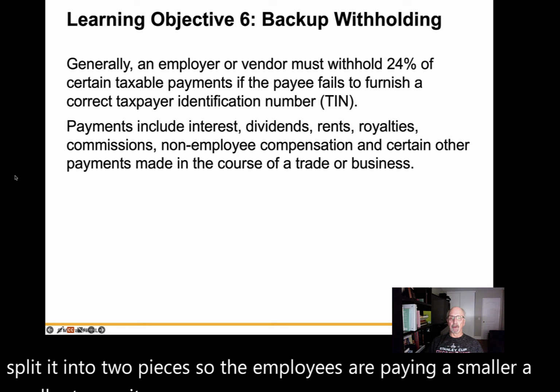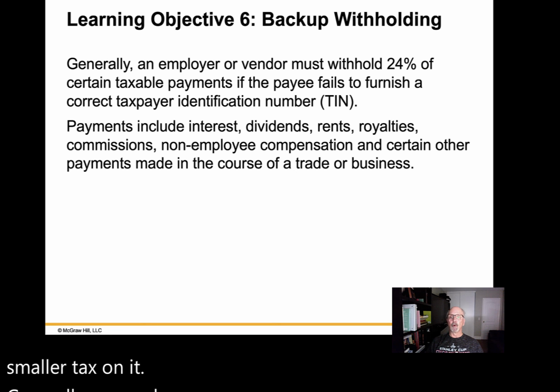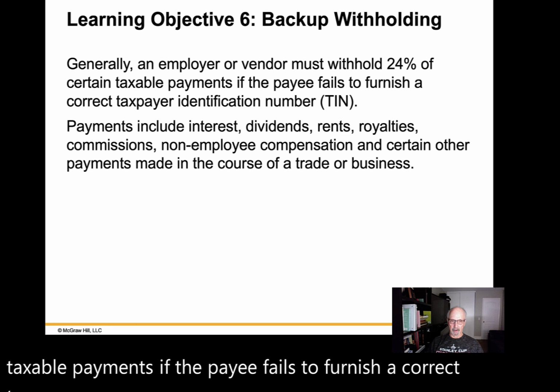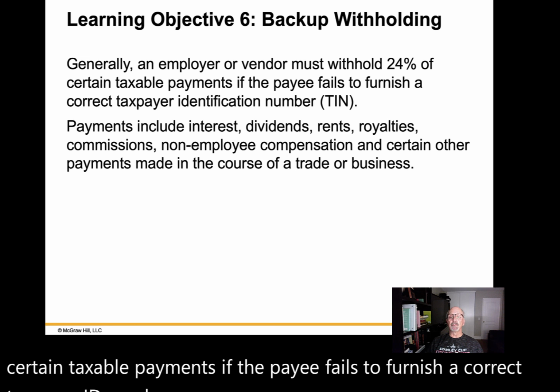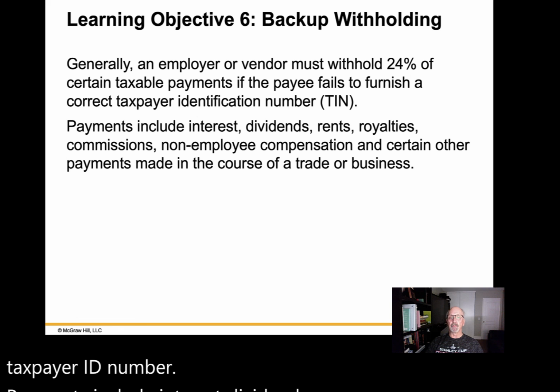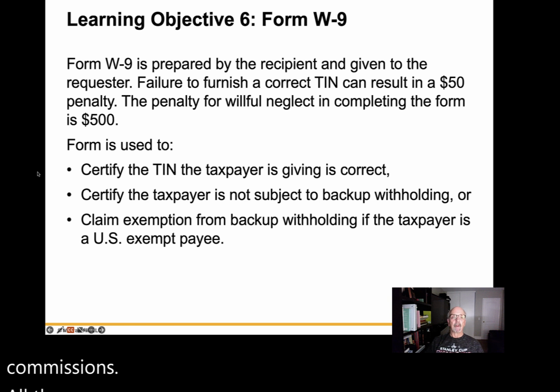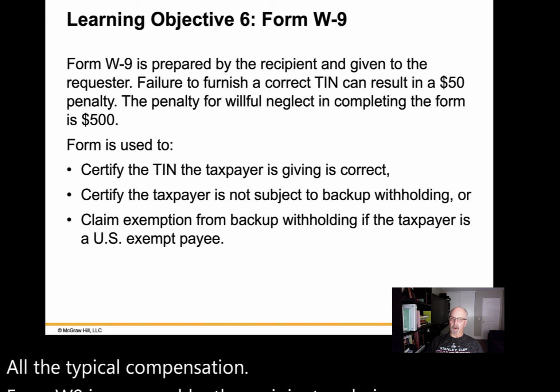Generally, an employer or vendor must withhold 24% of certain taxable payments if the payee fails to furnish a correct taxpayer ID number. Payments include interest, dividends, rents, royalties, commissions, all the typical compensation. Form W-9 is prepared by the recipient and given to the requester.